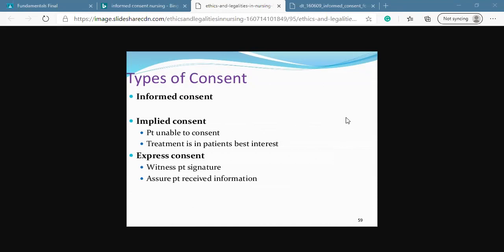So informed consent must be obtained from a client or their healthcare proxy. If patients are not able to give their informed consent, if the patient is a psychiatric patient, physically not able, or mentally not competent, then their advanced directive or healthcare proxy should do this for any invasive procedure.